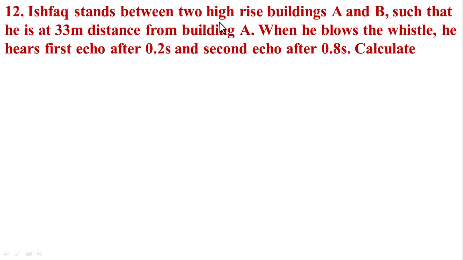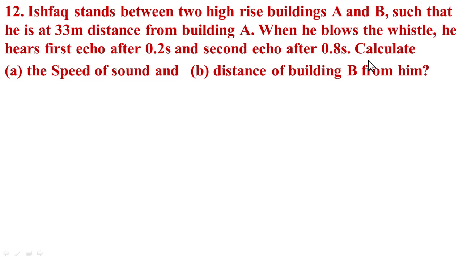Today's last numerical, number 12: a boy stands between two high-rise buildings A and B such that he is at 33 meters distance from building A. He blows a whistle, he hears the first echo after 0.2 seconds and the second echo after 0.8 seconds.